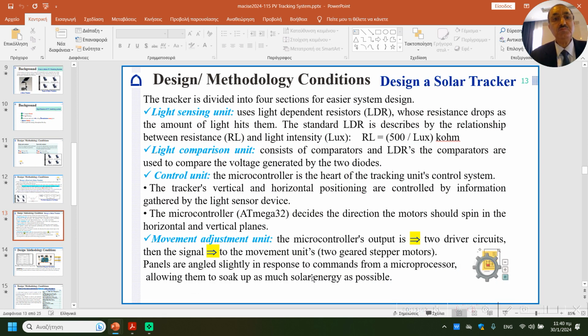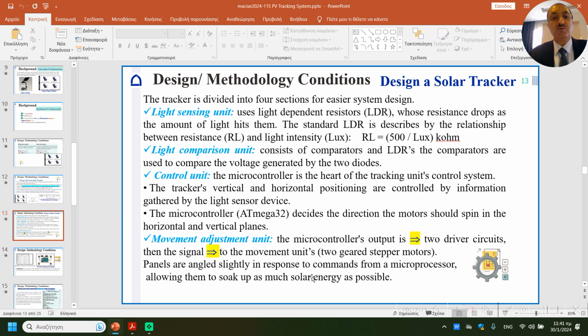So the tracker system is divided into four sections, or four parts, let's say. The first one is the light sensor, then the light unit, the controller unit, and the movement adjustment unit. Each one of these parts has some function in order to get the order to the solar panel to move according to the light of the sun.